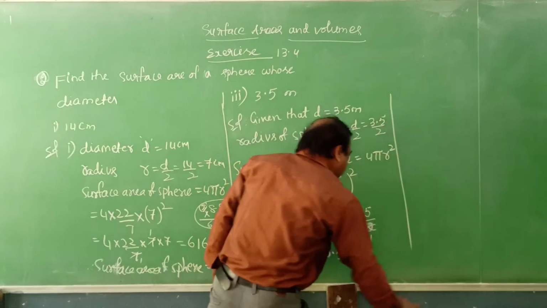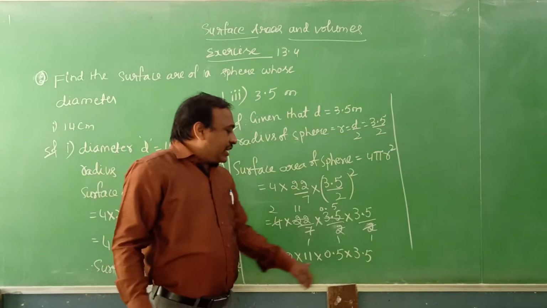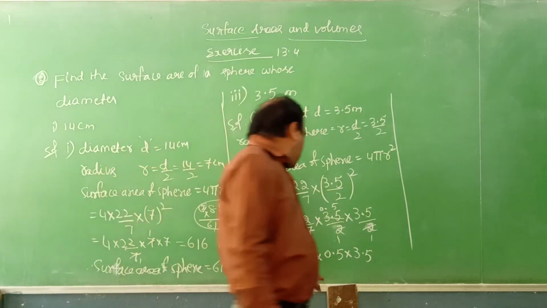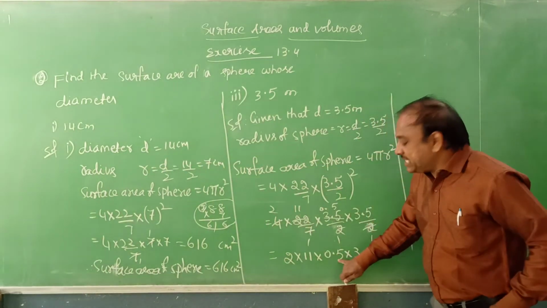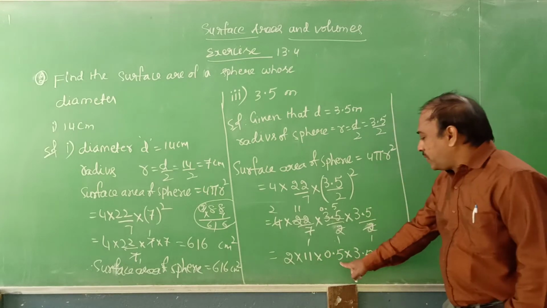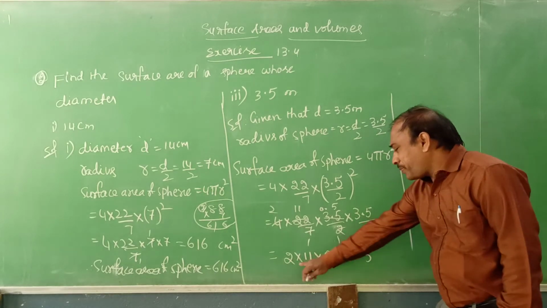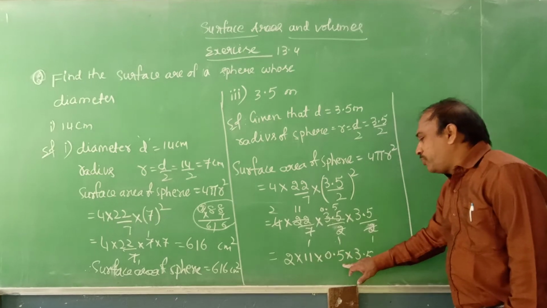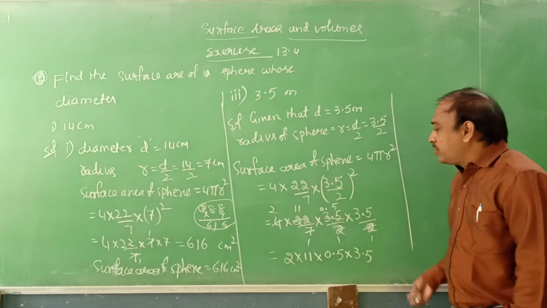Observe this part: 2 into 0.5, 2 into half. 0.5 is nothing but half, so 2 into 0.5 is 1. So 11 into 1. Or else you can multiply 2 into 11, 22, and 22 into 0.5, that is also 11 only you will get.